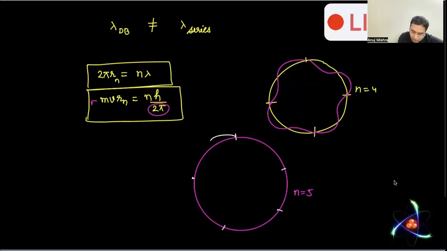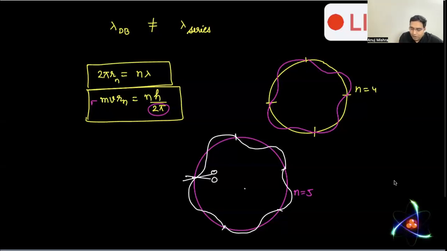Okay, then you can say wave number 1, wave number 2, 3, 4, and 5. Check. So can we say, if I cut it open from here to here, if this radius is Rn, where n is 5, I can say that 2 pi Rn is the length of the whole thing, which is n lambda.